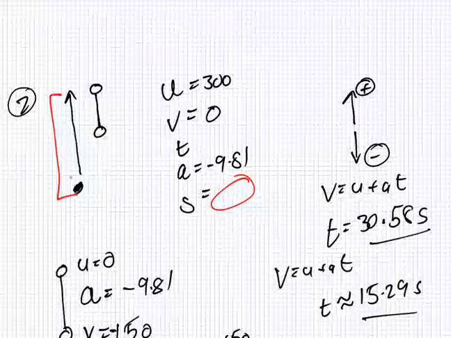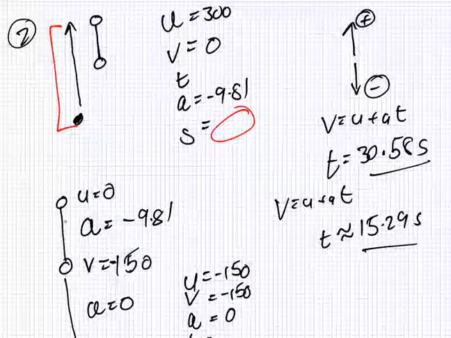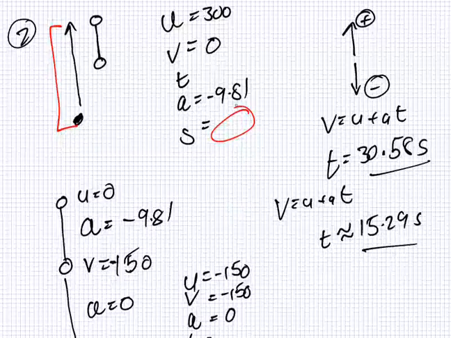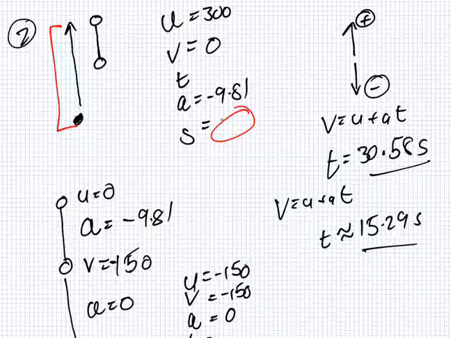Now on the way down it's a little bit different. The bullet starts off at 0, but for v there's a maximum speed of 150. This is called the terminal velocity. It's the fastest the bullet can fall. Why can't the bullet fall faster than this?